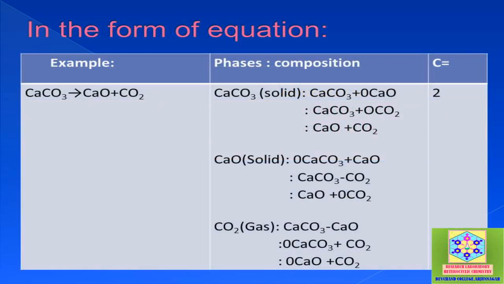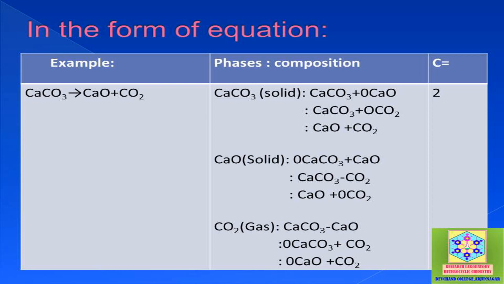If we consider another system, calcium carbonate heated to get calcium oxide and carbon dioxide, there are 2 solid phases and 1 gaseous phase, so P is equal to 3 for such a system. However, out of these 3 formulae, calcium carbonate, calcium oxide and carbon dioxide, we need any 2 formulae to express the composition of every phase present in the system.